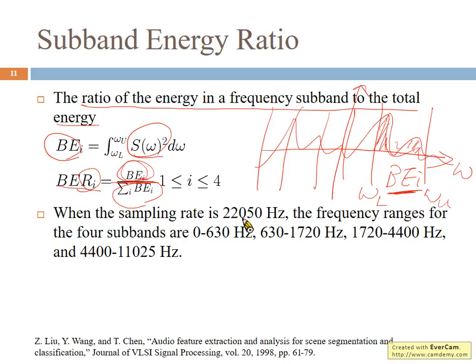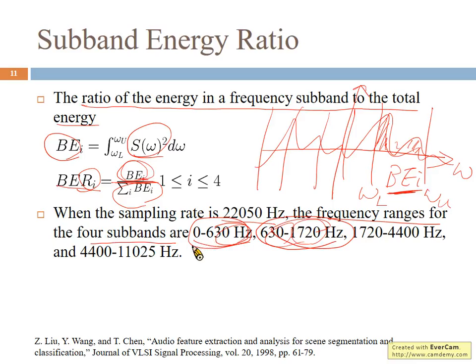When the sampling rate is 20K, the frequency range can be divided into subbands: 0 to 630 hertz, 630 to 1720 hertz, and so on. And we can calculate the ratio of this frequency band to the others, and so on.